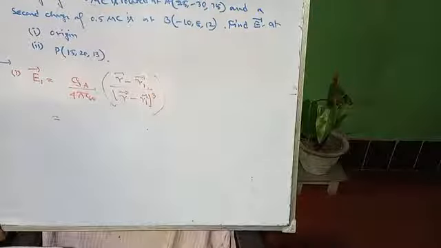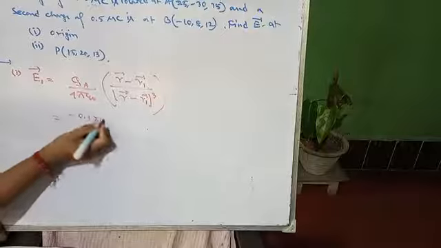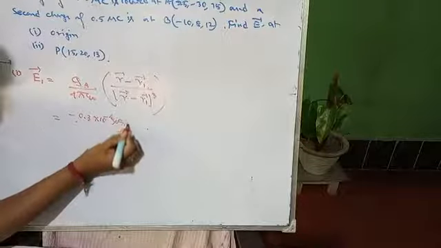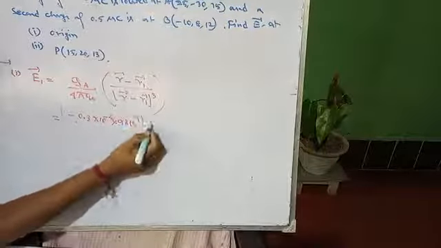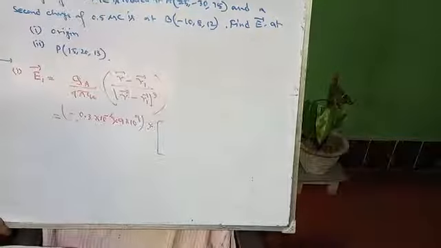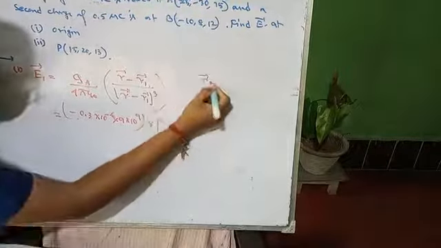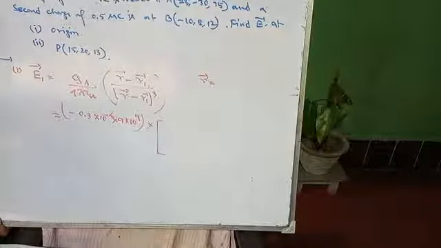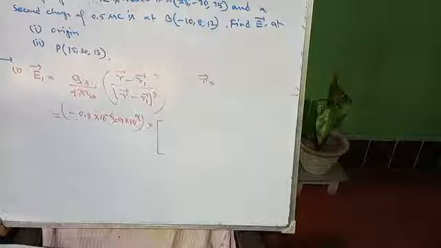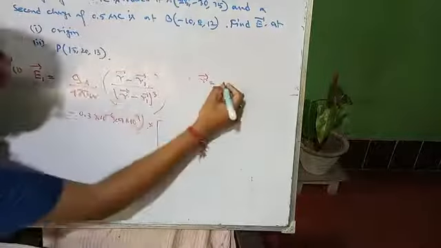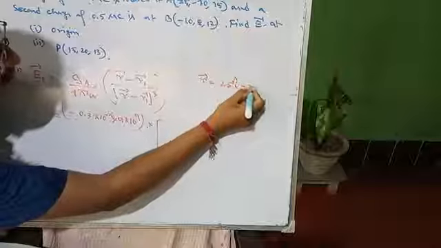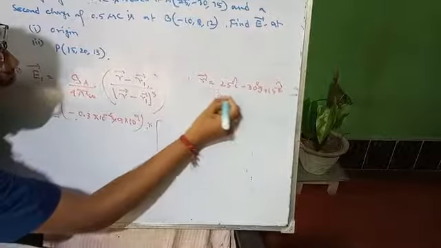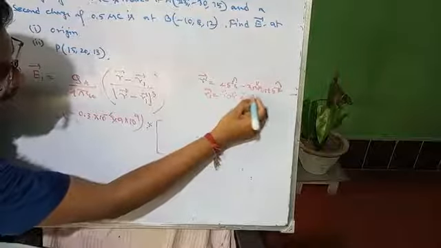So Q is minus 0.3 into 10 to the minus 6, divided by 4 pi epsilon naught, which equals 9 into 10 to the power 9. And R vector minus R1 vector equals what? First write R vector, due to the first point: R vector equals 25 i cap minus 30 j cap plus 15 k cap, and R1 vector equals 0 i cap plus 0 j cap plus 0 k cap.